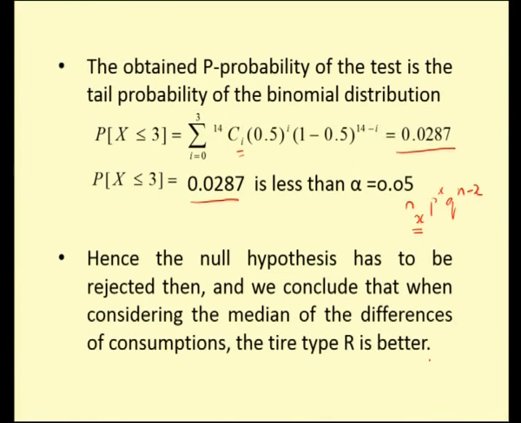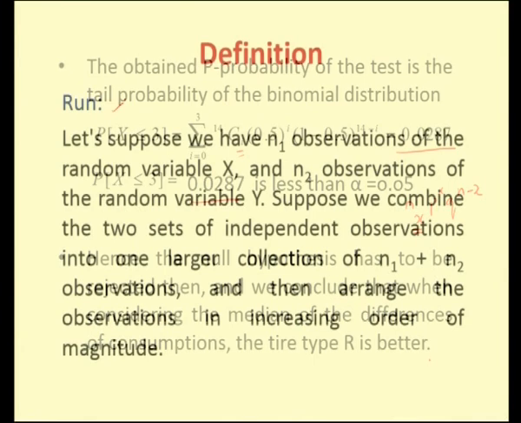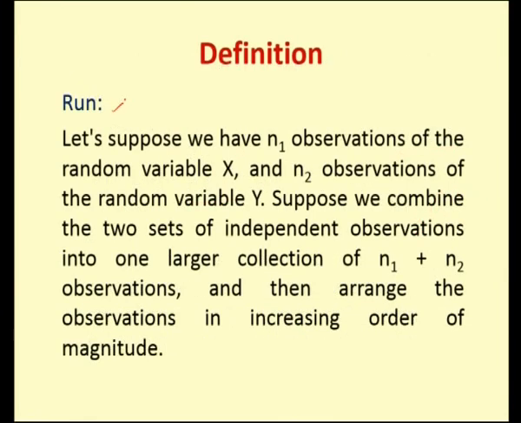Next we will go to the next concept. For that, let us define the concept of run. Suppose you have n1 observations of the random variable x and n2 observations of the random variable y, and suppose we combine the two sets of independent observations into one larger collection of n1 plus n2 observations, and then arrange the observations in increasing order of magnitude.